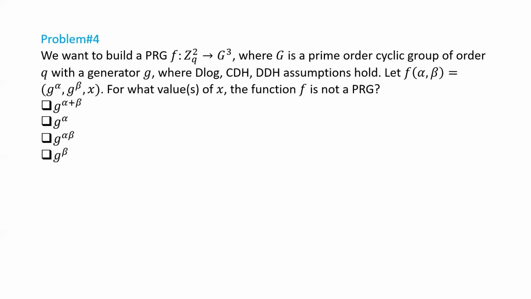The first two terms, g to the power alpha and g to the power beta, can anyway be indistinguishable from a random string, because seeing g to the power alpha you cannot guess anything about the value of alpha, right?